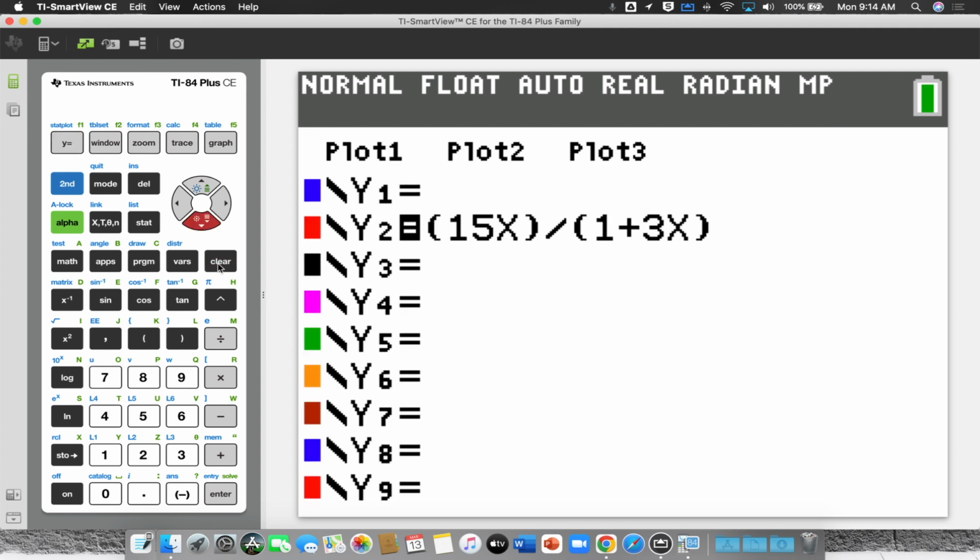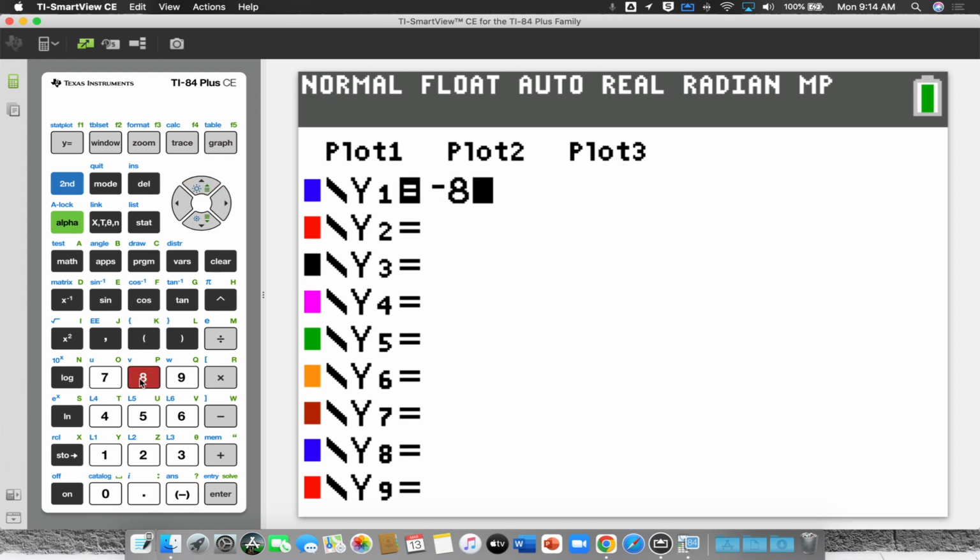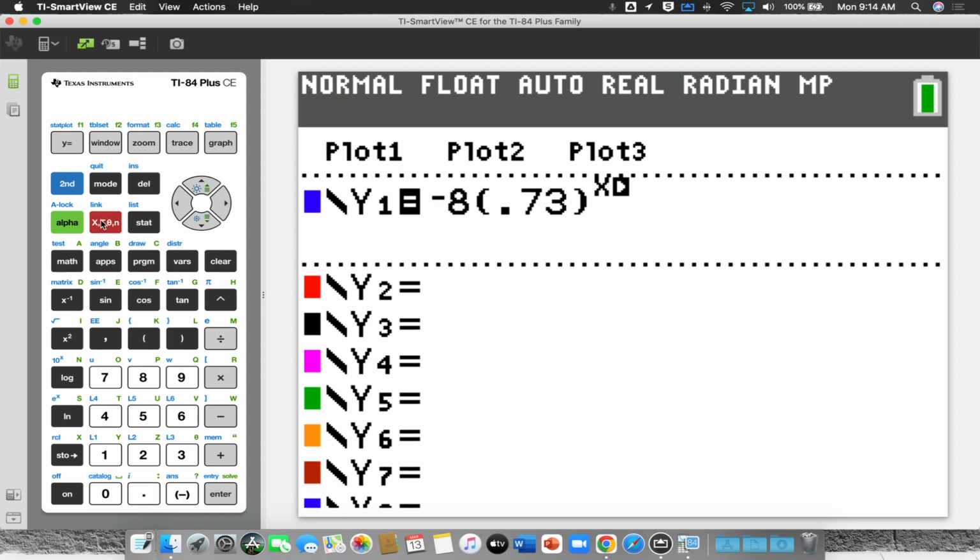Clear anything out that's there. So h of t is -8 times 0.73 to the t power plus 13.